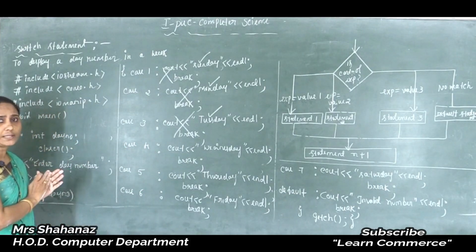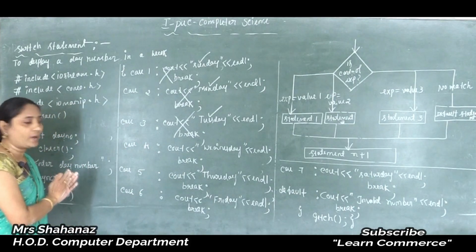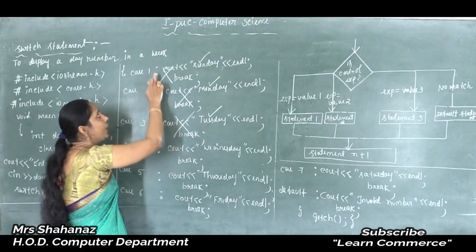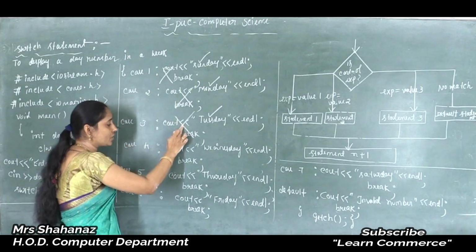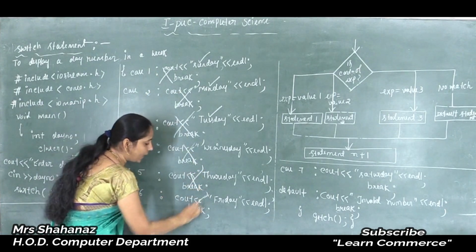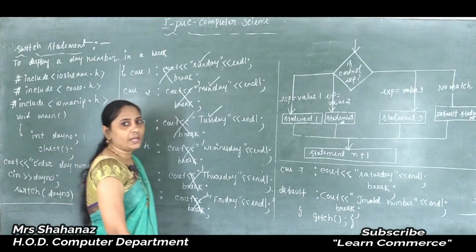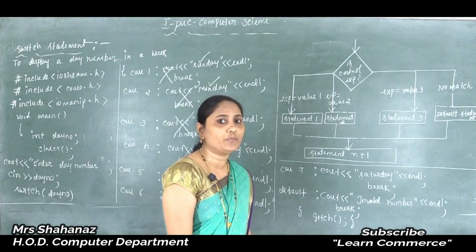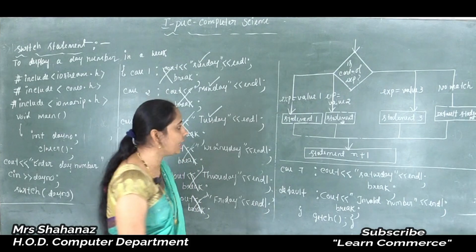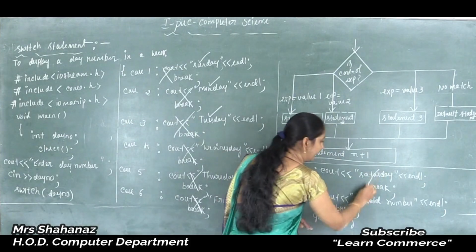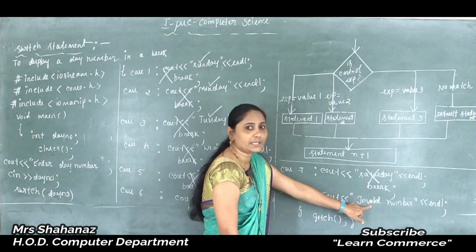But also, if the control expression value does not match case 1, case 2, case 3, 4, 5 and also 6, if none of the label values match the value of the control expression, then the default statement is executed.